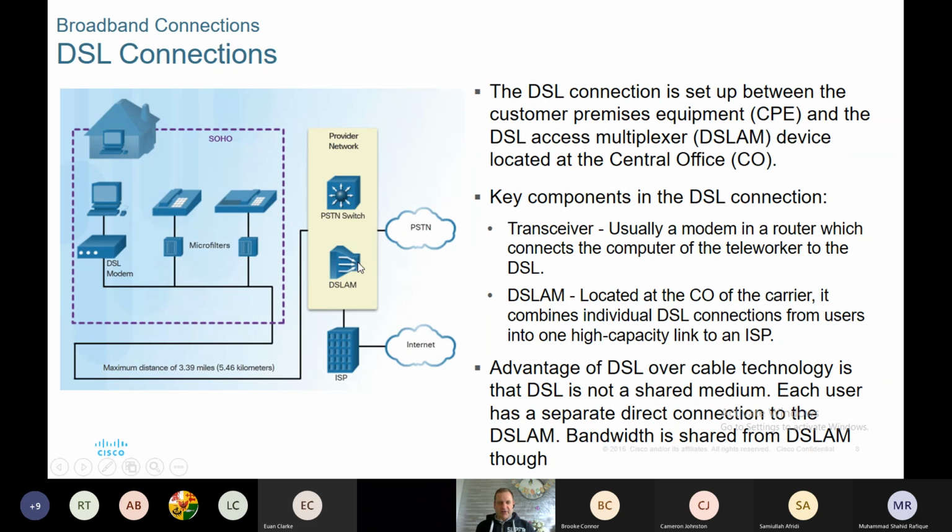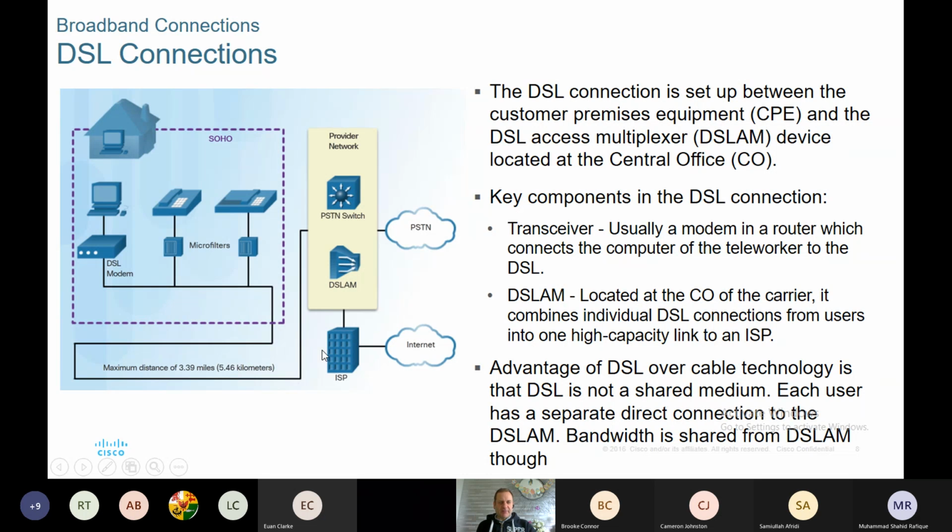And inside there, you've got some kind of transceiver that basically connects the computer to the DSL, and you've got a DSLAM, and I think there's a picture later on that shows you what that is. But it basically combines all the individual DSL connections into a high capacity link that comes from the ISP.